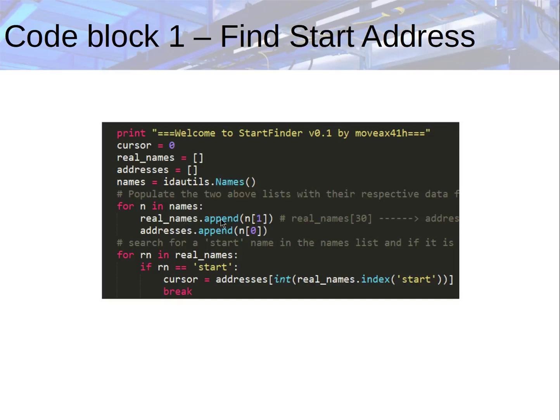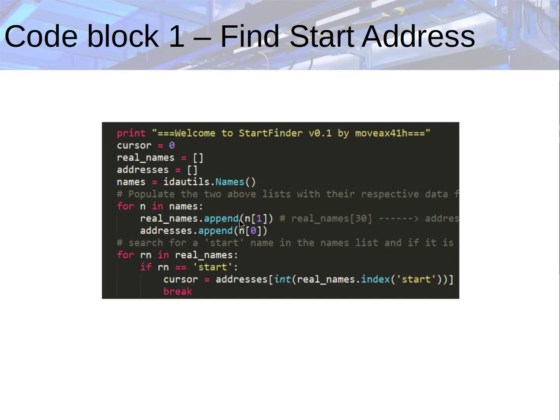So what we've done is we've split this tuple into two separate lists, and one list contains the address and the other one contains the name. And it's important to note that since we're going to get a complete tuple back for every single one, whichever index we are in the name, the address for that name will be in that same index of the addresses list. So now I say for real name in real names, which is where the names are stored.